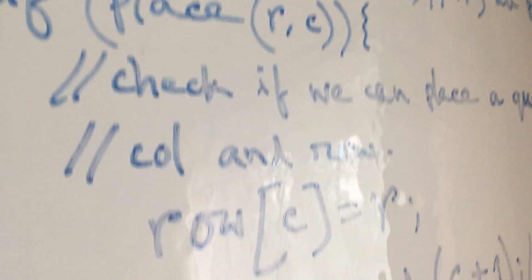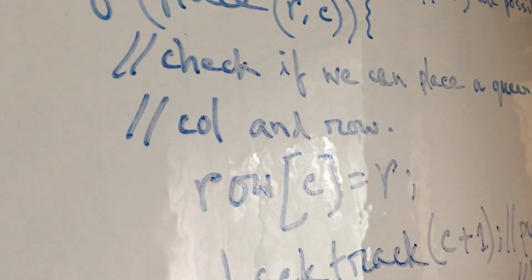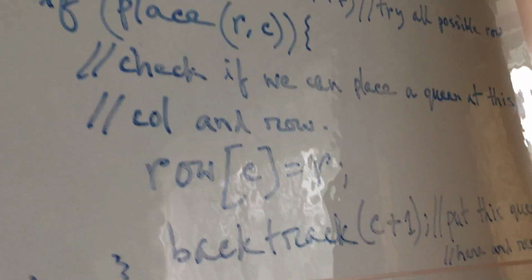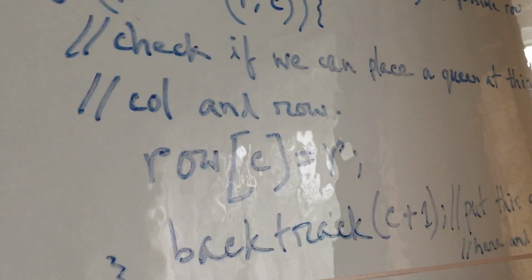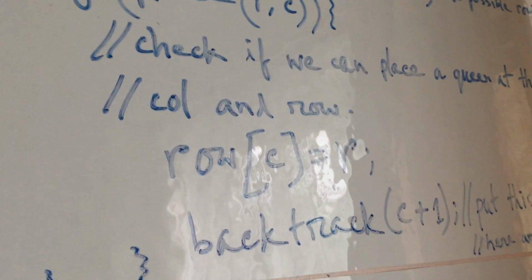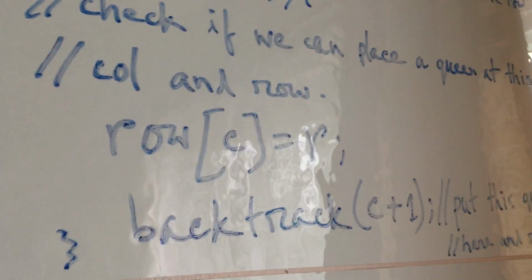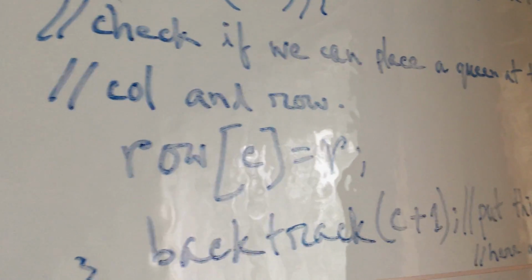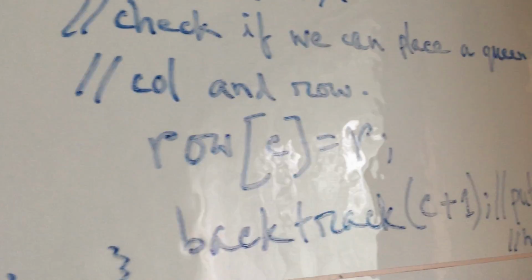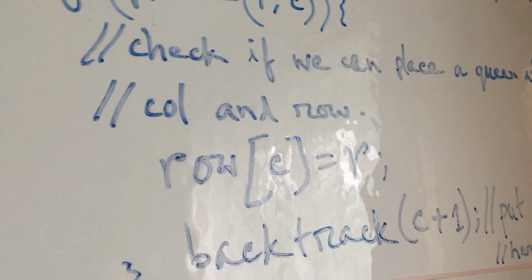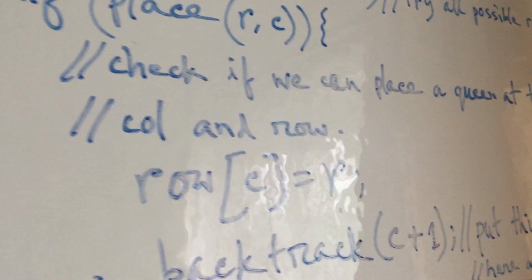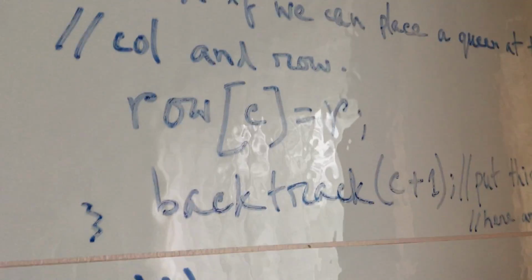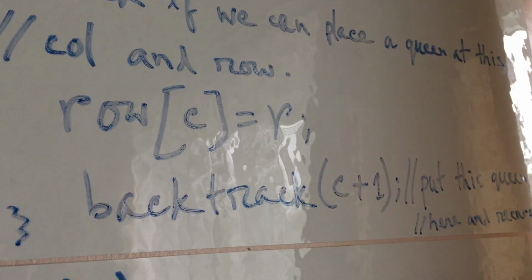We place RC, that means we're checking whether we can place that queen on that particular row and column on the chessboard. If we can place it, then we put that queen on the row array, which is our output for the particular queen we are checking. So we place that in the column index, and then we place the row position of that queen in that particular array.